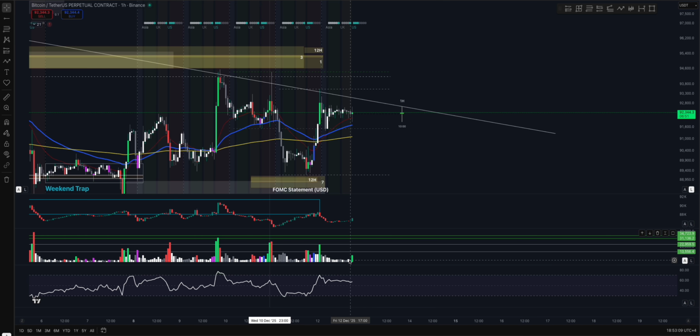So yeah, consider that. We have also, what's interesting, a delta increase. Yesterday we were around 255 million. Now we are sitting at 1.6 billion. So on this small pump here, we added 1.4 billion on the long side.